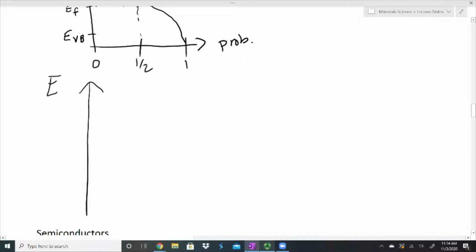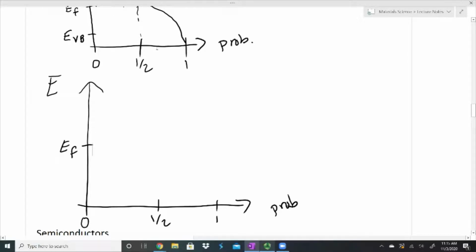I'm actually going to put a graph in here, and I'm going to put a couple different graphs in here. I have my Fermi energy, and it's always going to be halfway between. That's just the way that it works when I have my probabilities.